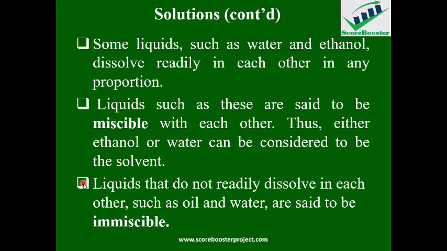If we want to dissolve water in ethanol, or vice versa, the two of them are interchangeable and they can dissolve in one another. So in that case, we say that they are miscible. On the other hand, there are so many substances that do not dissolve in each other like that. We say they are not miscible.